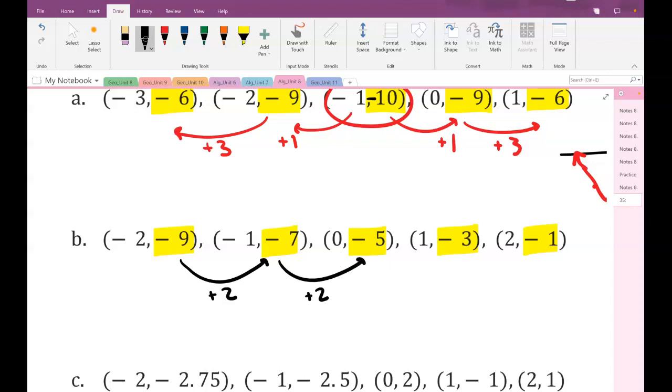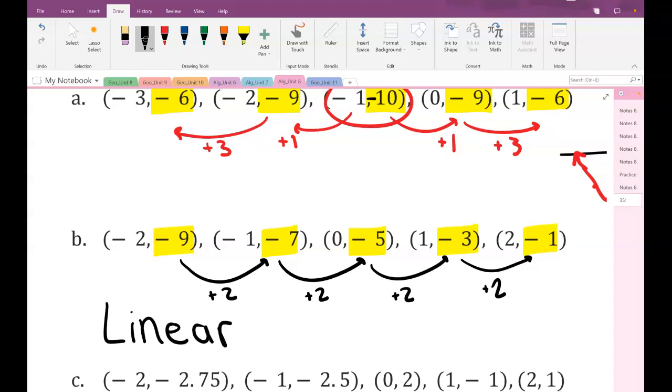Here to here is an addition of 2. Add 2. We add 2 as well. So since this has a constant rate of change, we're adding 2 each time, or +2. This would be a linear function.